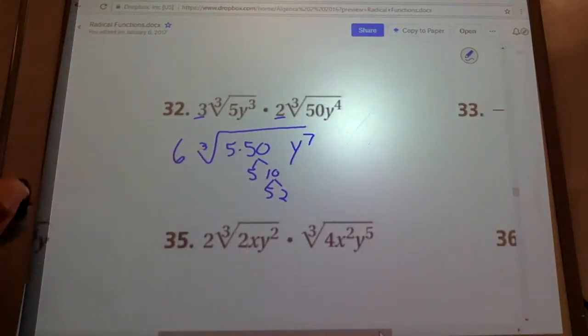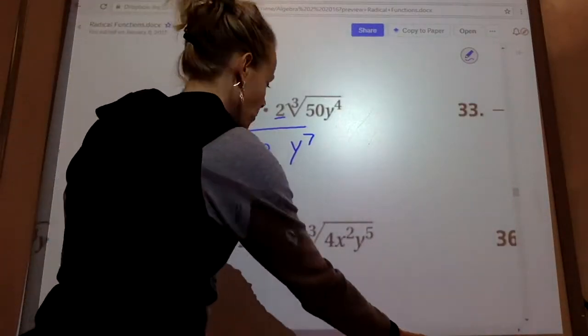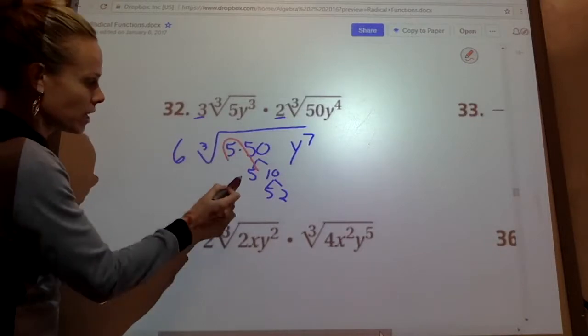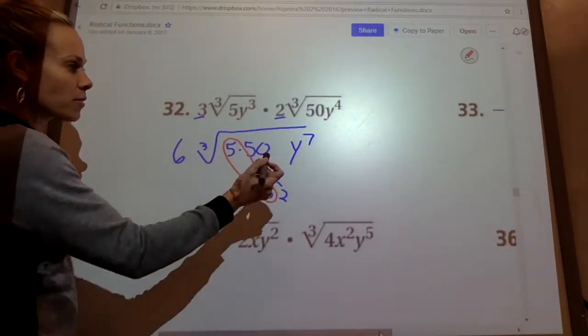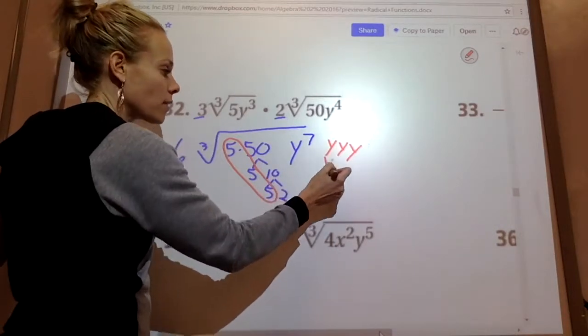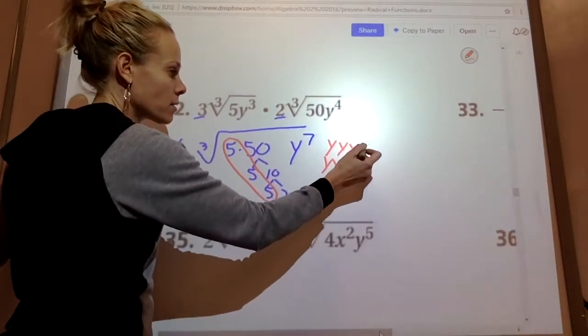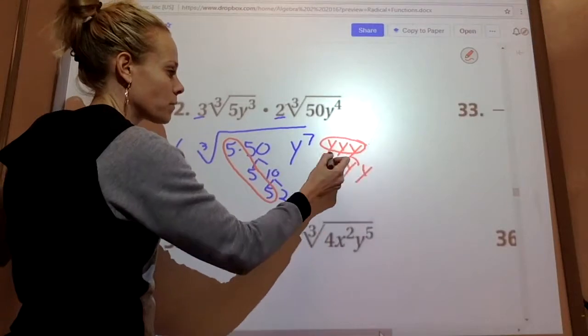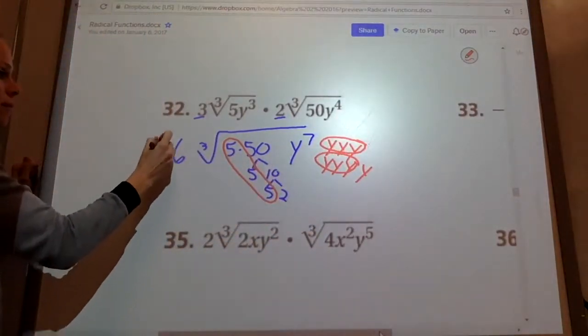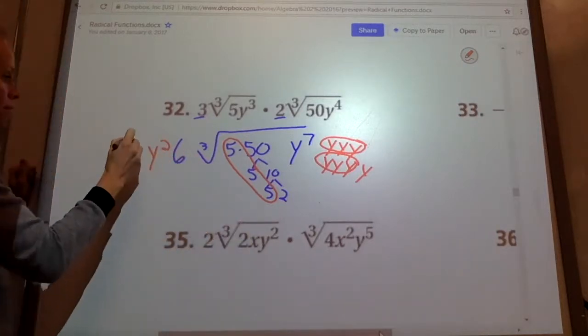Now, cube root means group of 3. What do I have 3 of so far? 3 5's, very good. How many groups of y's? 2. Yep. And if you can see that, great. If not, if you have to write it out, go ahead and say, oh, there's a group of 3. There's a group of 3. So I'm going to take out 2 y's, and I'm taking out a 5.